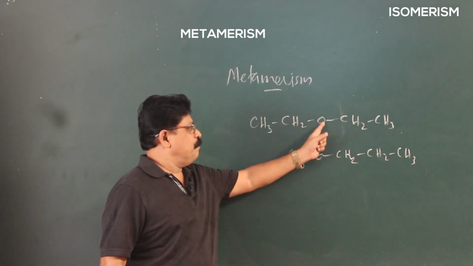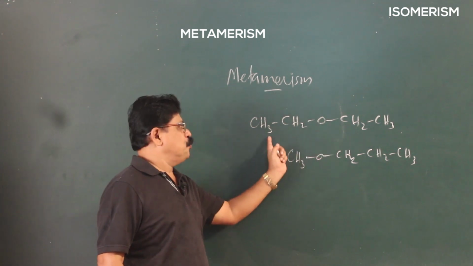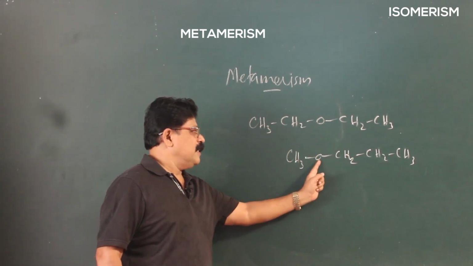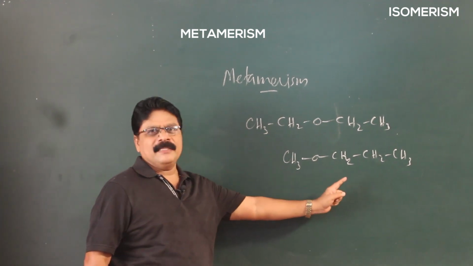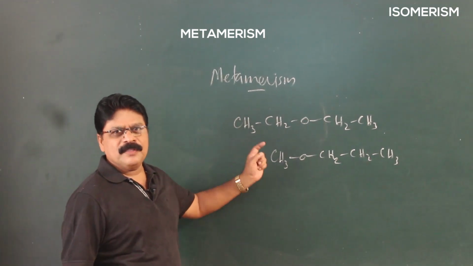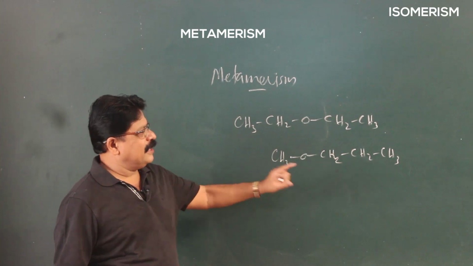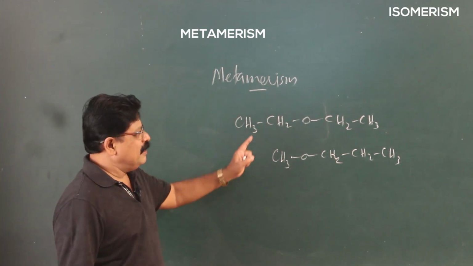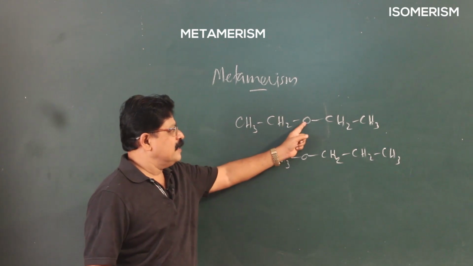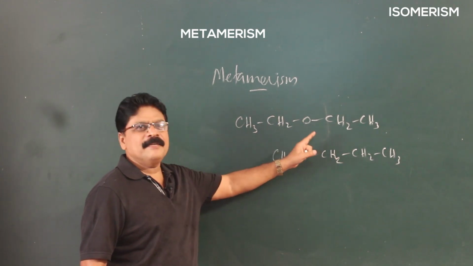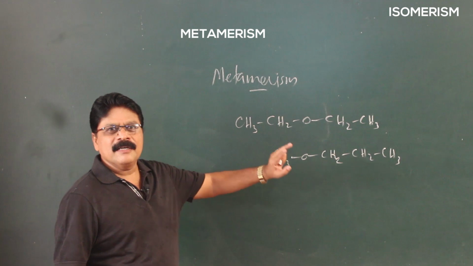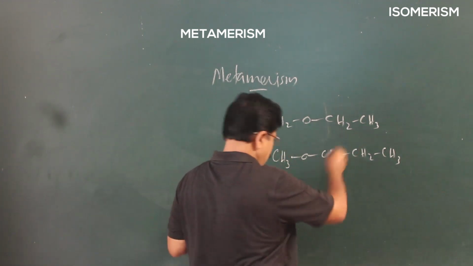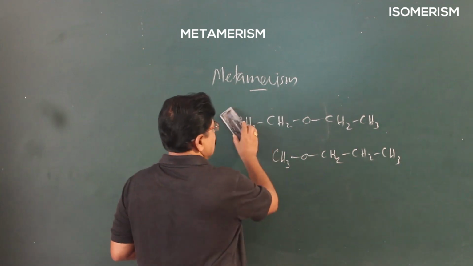So, the functional group ether has 2 carbon on this side, 2 carbon on that side, total number of carbons 4. Here you have 1 carbon here and 3 carbon there, total number is 4. So, if the carbon chain on either side of the functional group is different, you call them as metamers. Remember, the functional group, if it has a chain on either side, it implies that it cannot be terminal functional groups, because terminal functional groups cannot have chain on either side.